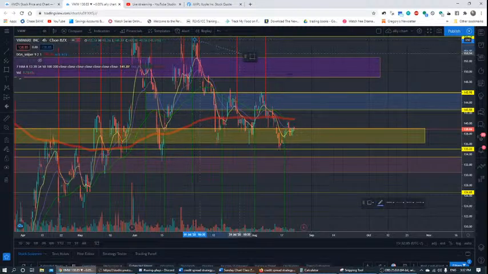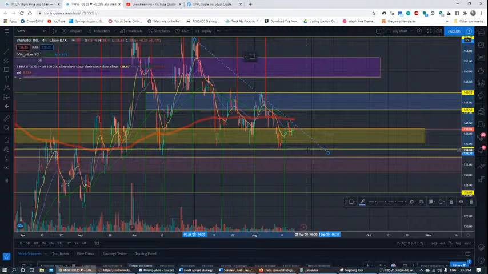So if I drew a trend line, a really biased trend line, I would just say, okay, if I'm taking this long, I want the stock to break out above this area, and we hit this area right here, so maybe like 140, before I take it long. And I want it to hold right there, and then we go into this area right here, and then we tap out.